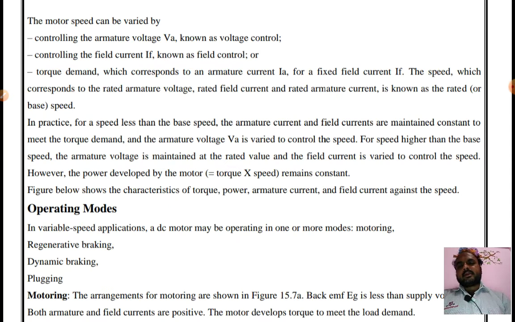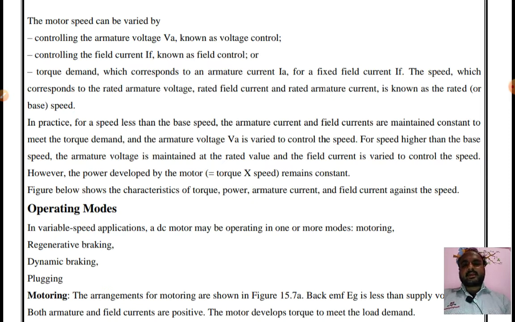Next one is the torque demand method, right? So these are the three methods by which we are controlling the speed of the DC motor. In torque demand, the torque corresponds to an armature current IA for a fixed field current IF.